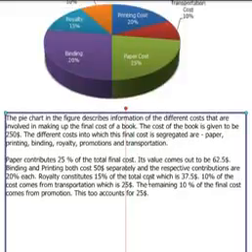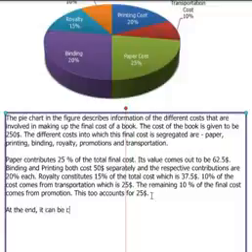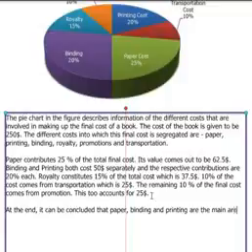Now I'm sure we would have done around 110 to 120 words by now. We are just left with the conclusion. So at the end, it can be concluded that paper, binding, and printing are the main areas that influence the final cost of the book.